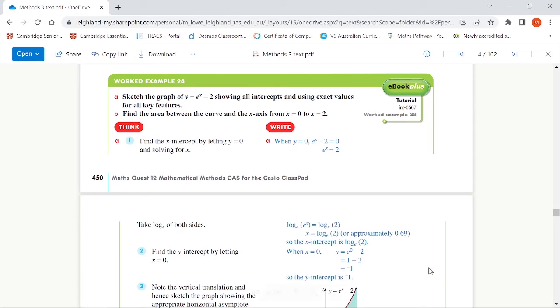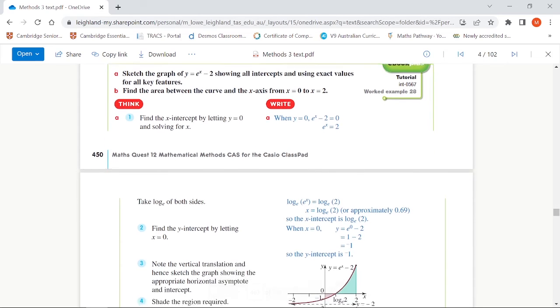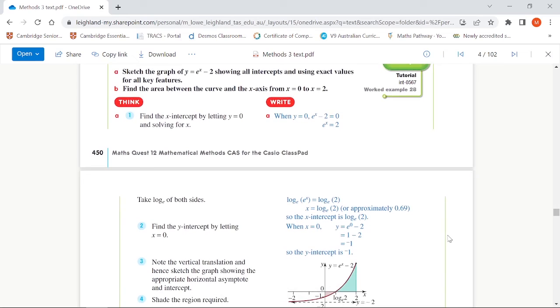The working that's done here is just all that's needed to find your x-intercept. First step, finding the x-intercept by letting y equals 0 and then solving for x, and then finding your y-intercept here as well.